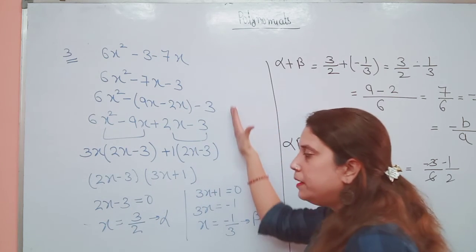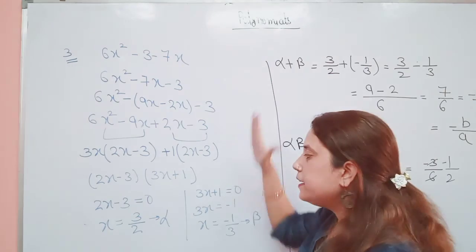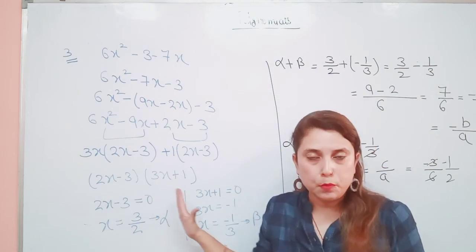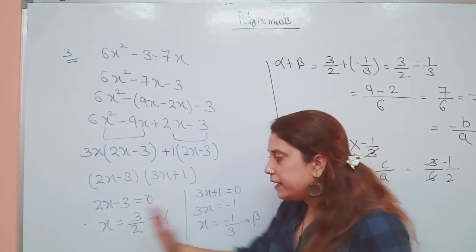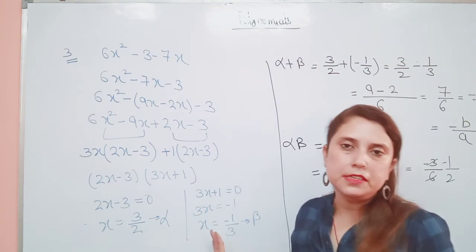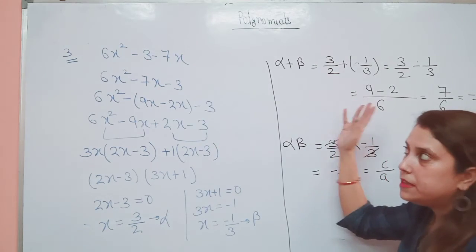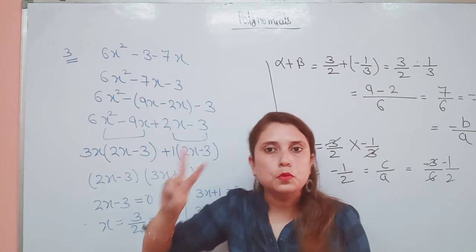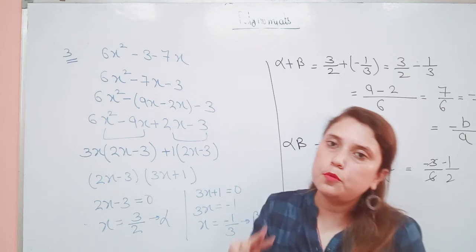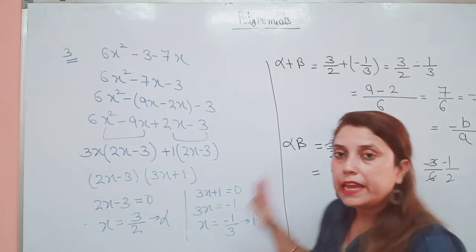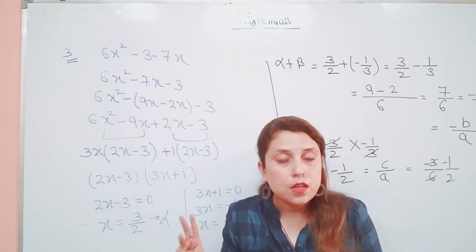Understood beta? So what is the way to solve this type of question? First we do the middle term splitting method, find the factors, after that equate with 0 and you will get the zeros alpha and beta, and after that find the relationship between alpha and beta. If degree is 2, two relations: sum of zeros, product of zeros. If degree is 3, then how many zeros? 3.